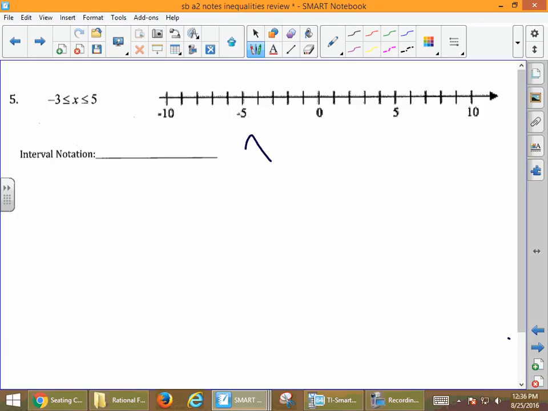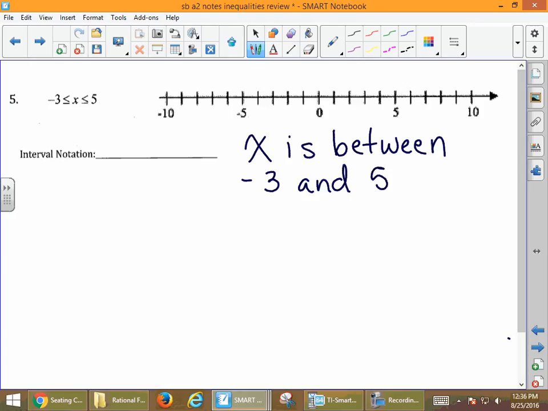It means that x is between -3 and 5. We don't know what it is, but somewhere between -3 and 5 is our value of x. And it's combined here: -3 is less than or equal to x is less than or equal to 5.